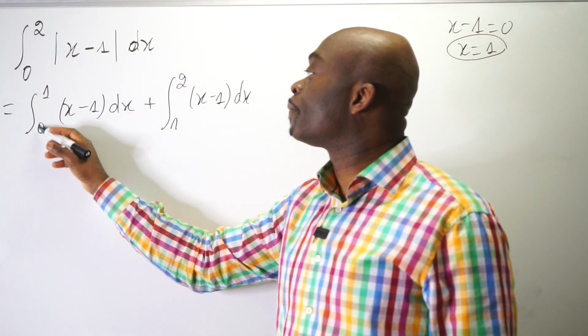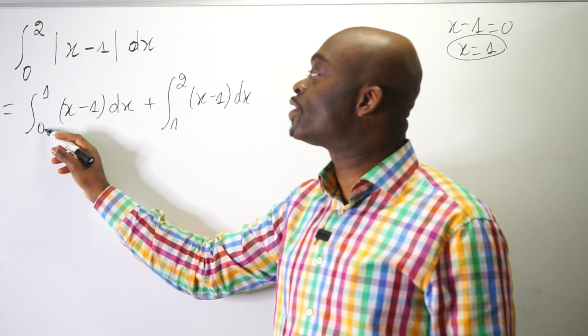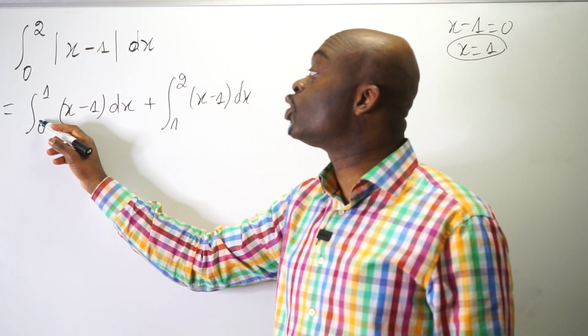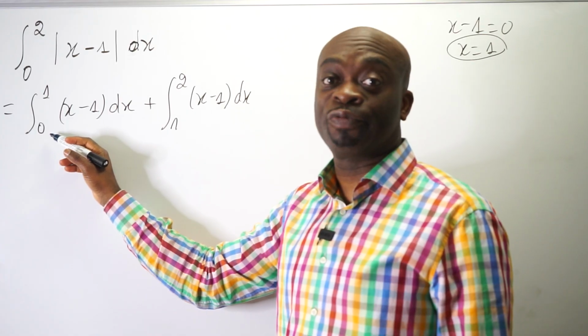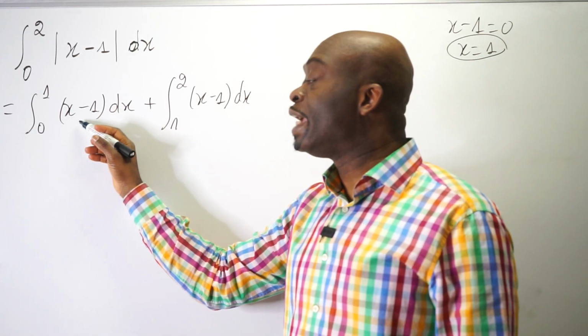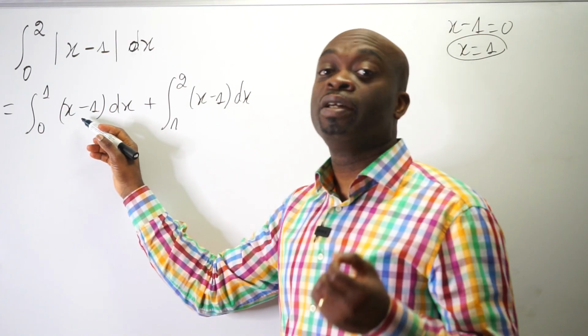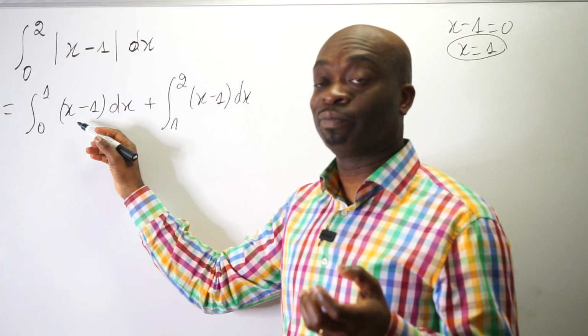To do that, what we've got to do is go inside the range here and choose one value. So between 0 and 1, we can choose half, for example, right? Then we substitute that half inside here and see the sign of the answer we get, okay?